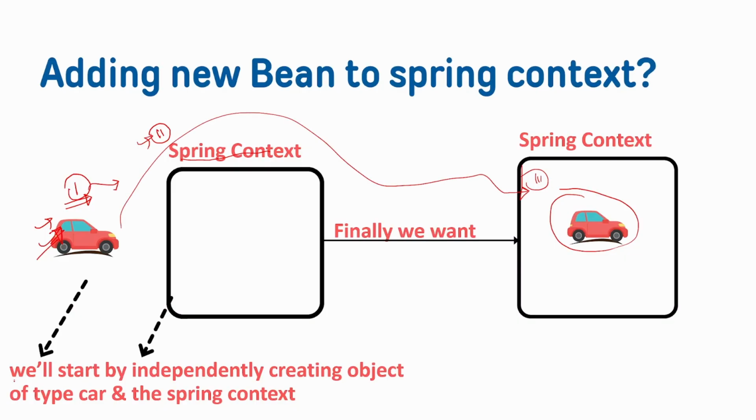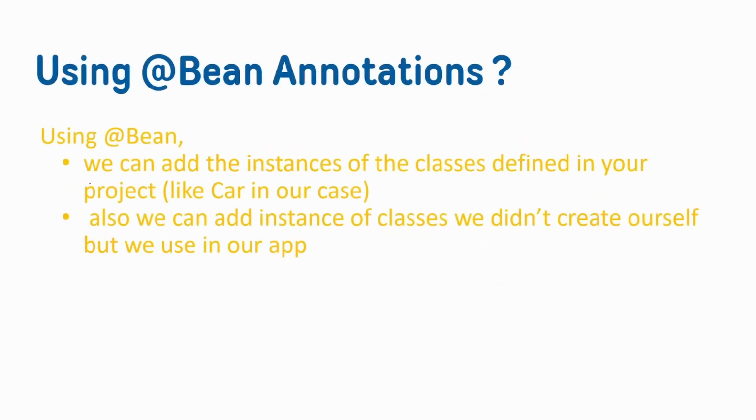So we will start by independently creating the object of type car and the Spring context, and in the third step we will add the car using three different ways. First is using the bean method, second is using stereotype annotation, and third is programmatically. So first let's start with using the bean annotation.